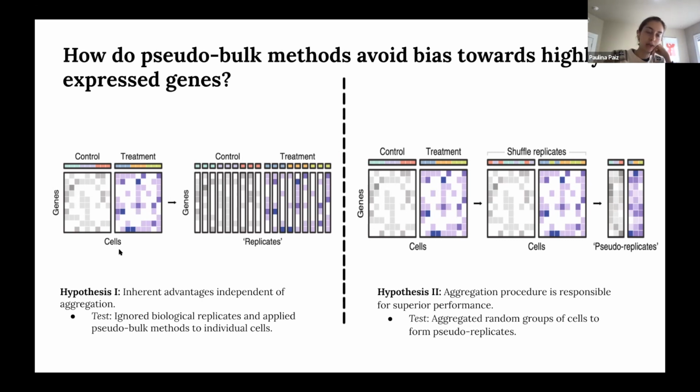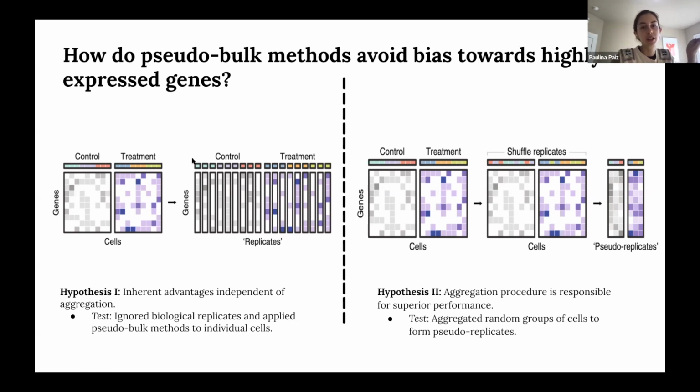On the left here, you have the test to see whether these pseudobulk methods had inherent advantages independent of aggregation. The way they tested for this is by completely ignoring biological replicates, not aggregating the cells at all, and just applying the pseudobulk methods to individual cells.